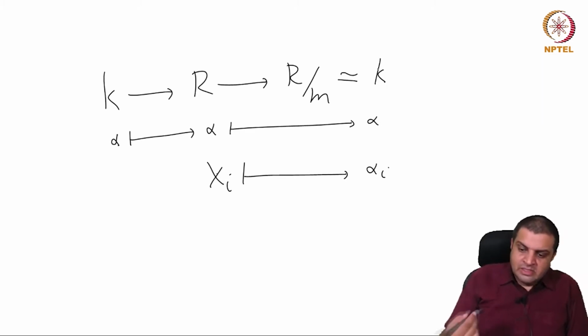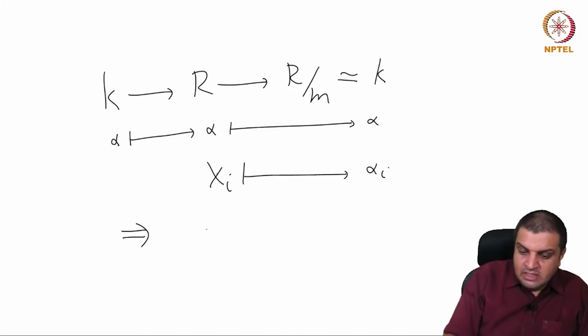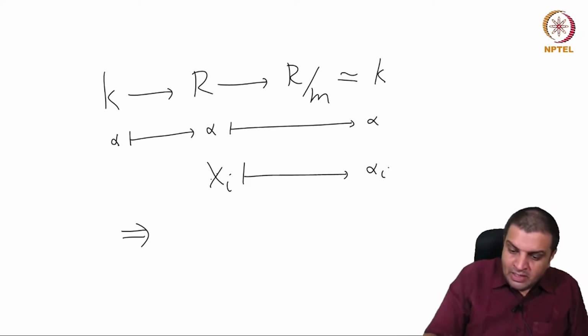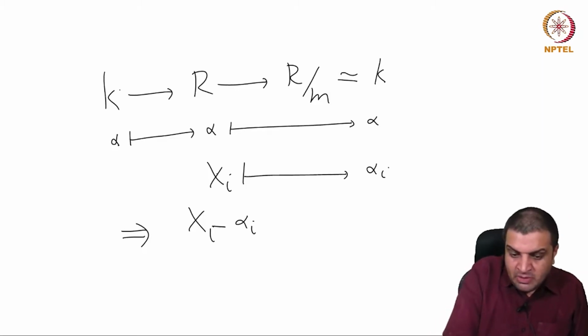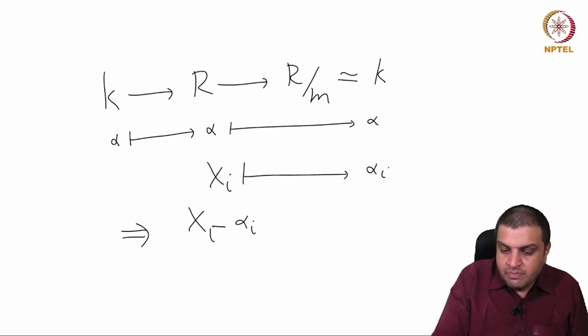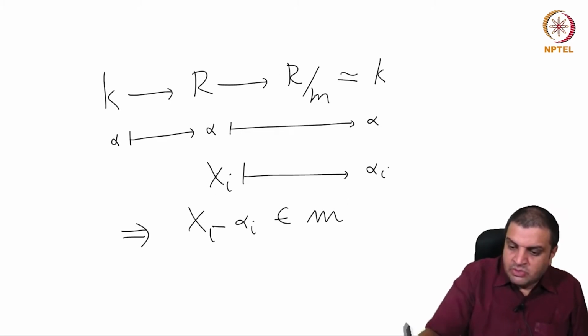In other words, alpha i is the image of xi under this map. So xi minus alpha i is inside m, because that's the kernel of this map.